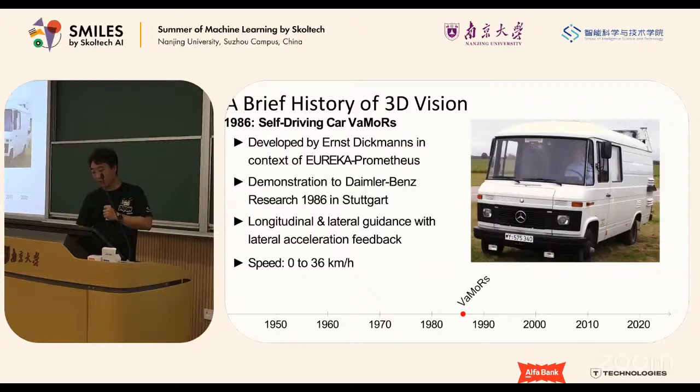It used dynamic vision for control and was demonstrated at speeds up to 36 kilometers per hour. This work shows that visual perception could support real-time vehicle control using the computer resources available even in the 1980s.